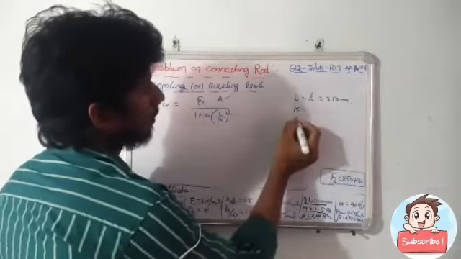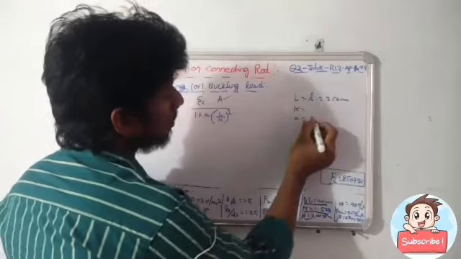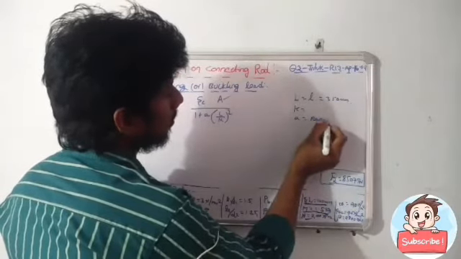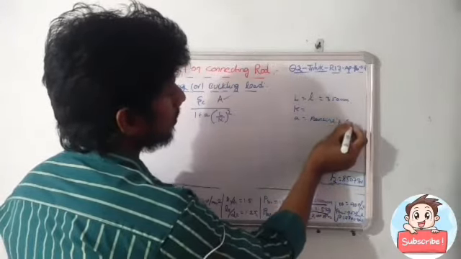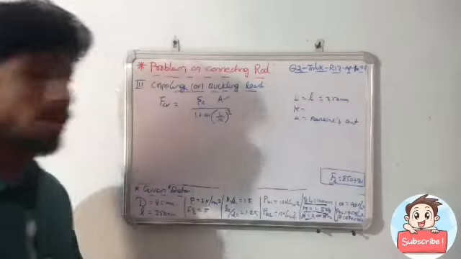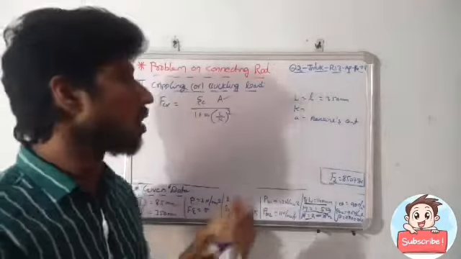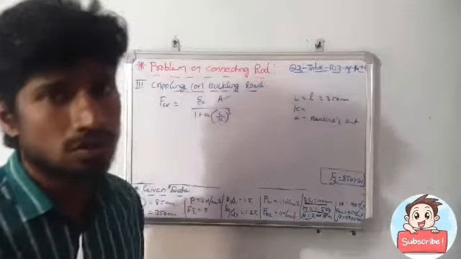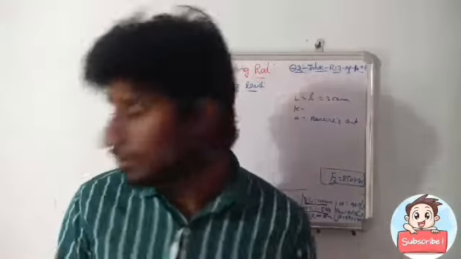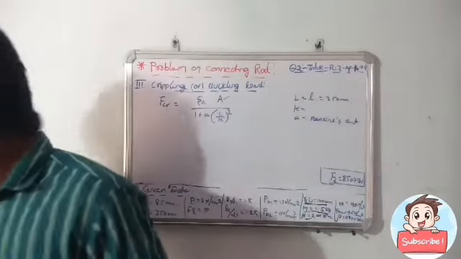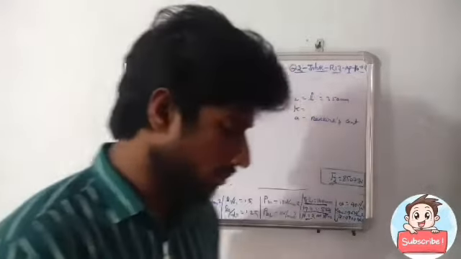A is the Rankine's constant. If you check the given data, these all are unknown values. So how are we going to consider these values? For the values, we prefer the design data book.